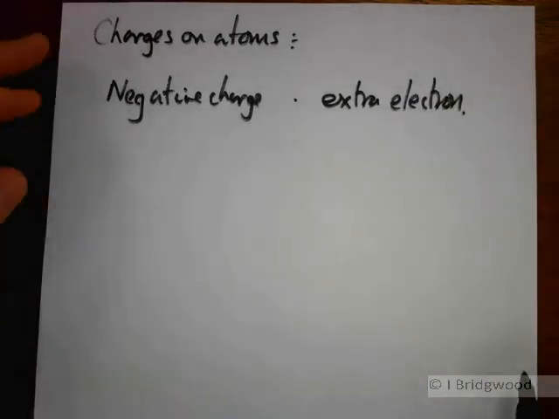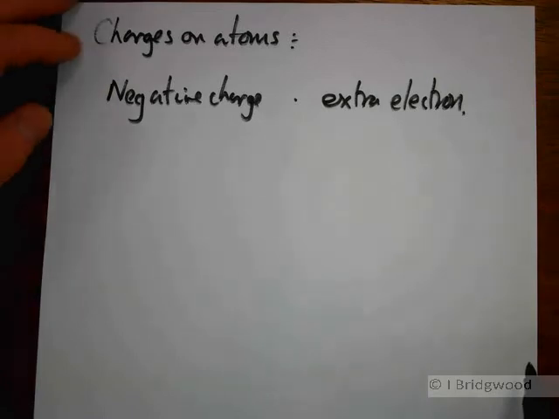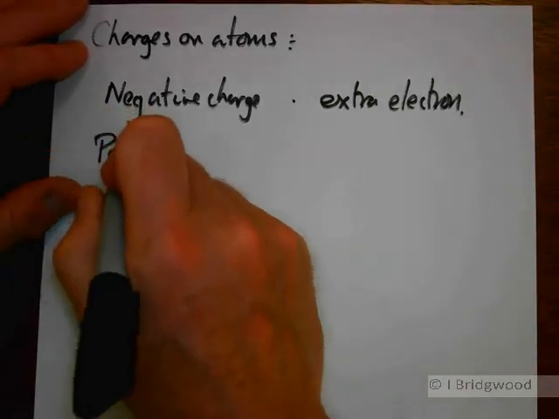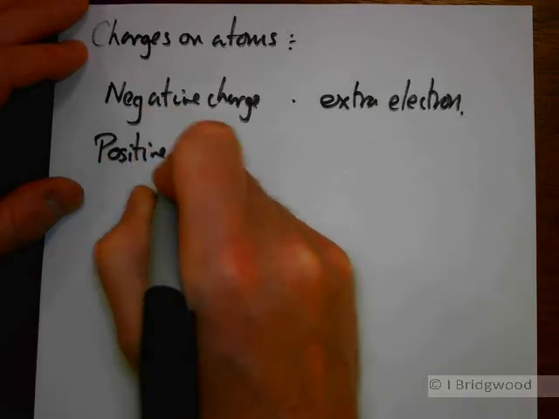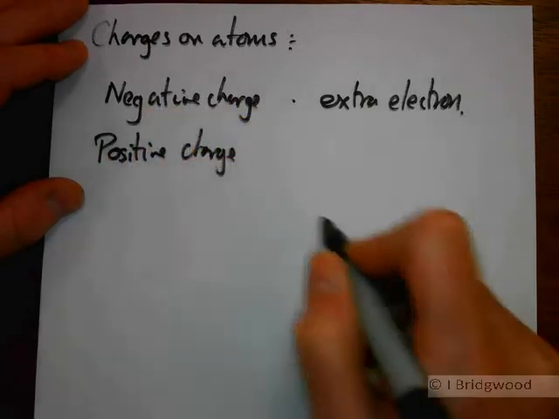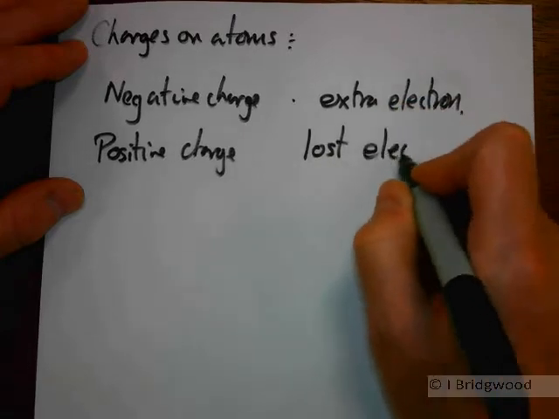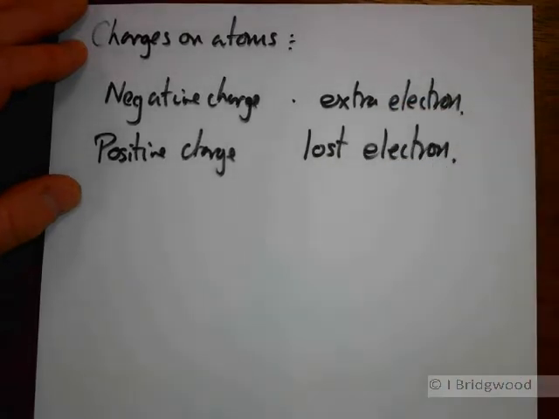Of course, if we're just talking about 1 single negative charge on an atom here. If we have a positive charge, we must have lost an electron. Okay, so that makes sense.